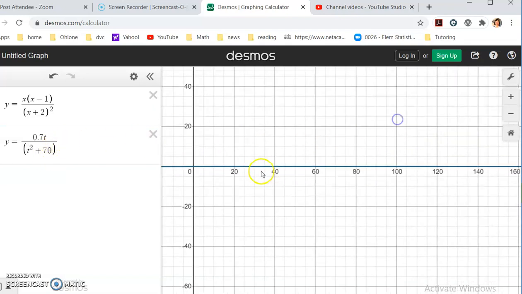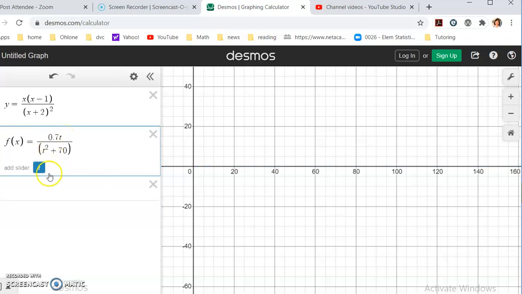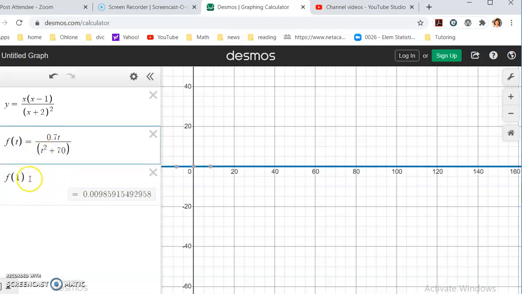It's like a line. You would need to find out what happens when t is 1. Maybe I'll just use the function f of x. So f of 1. Oh no, this is t. When t is 1, that is very small. So you're not supposed to have an x that is that big.